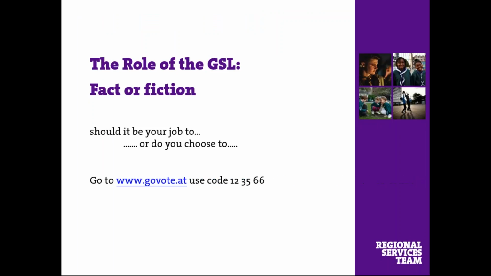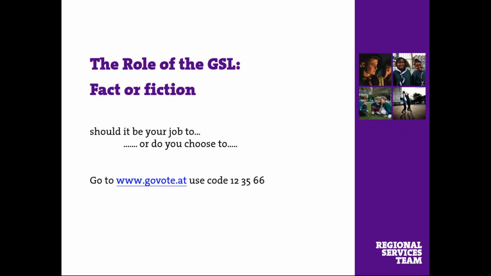So if you could go to that website very quickly and enter that code there, 123566, we'll see if we can bring up a little polling. Well, in fact, it's a nice little word cloud that will start to appear.